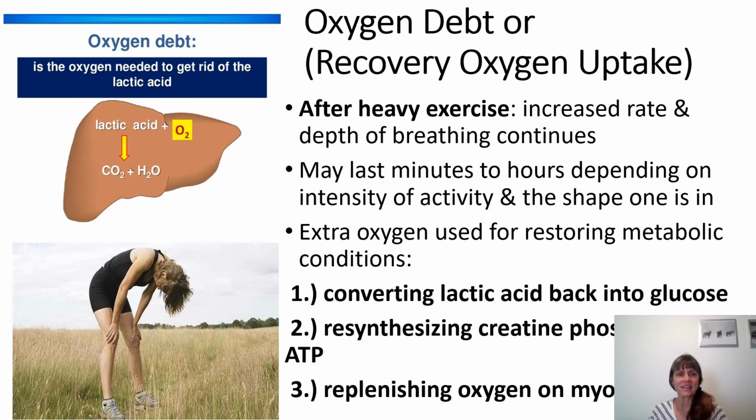Oxygen debt is defined as the oxygen needed to get rid of the lactic acid. This can be done in the liver with the presence of oxygen, where the lactic acid and oxygen go through chemical reactions, creating carbon dioxide and water. Any persistent lactic acid can be converted further by the liver back into glucose.